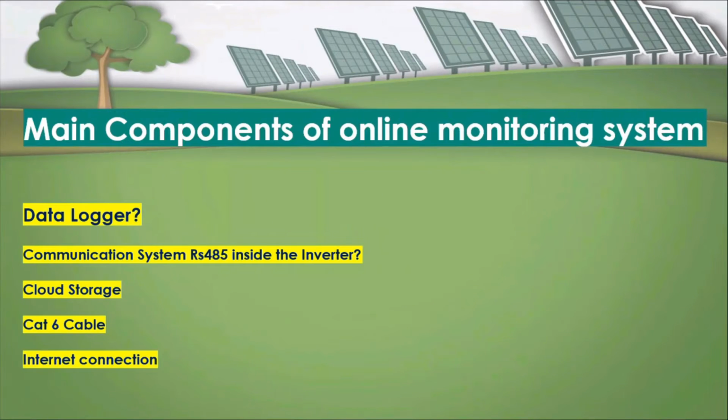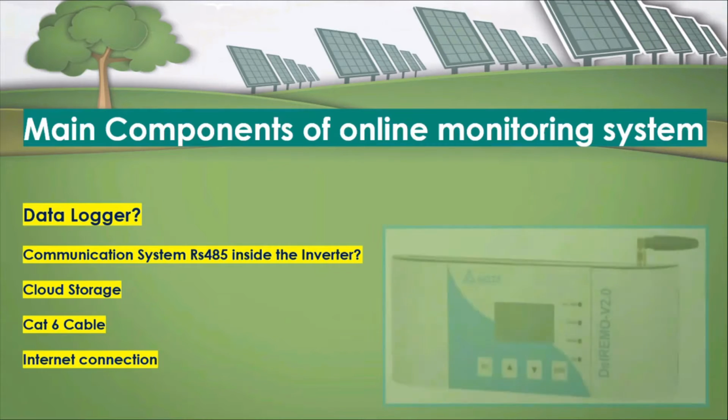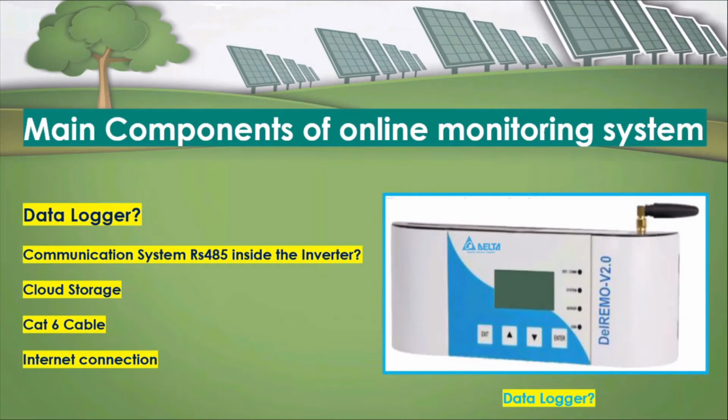Now, the main components of an online monitoring system. When we are talking about an online monitoring system, the first and foremost important component is the data logger. You can see the pic of the data logger on the right hand side. This data logger is the device which captures the data from the inverter to put it on the cloud so that we can see it on our mobiles or laptops.